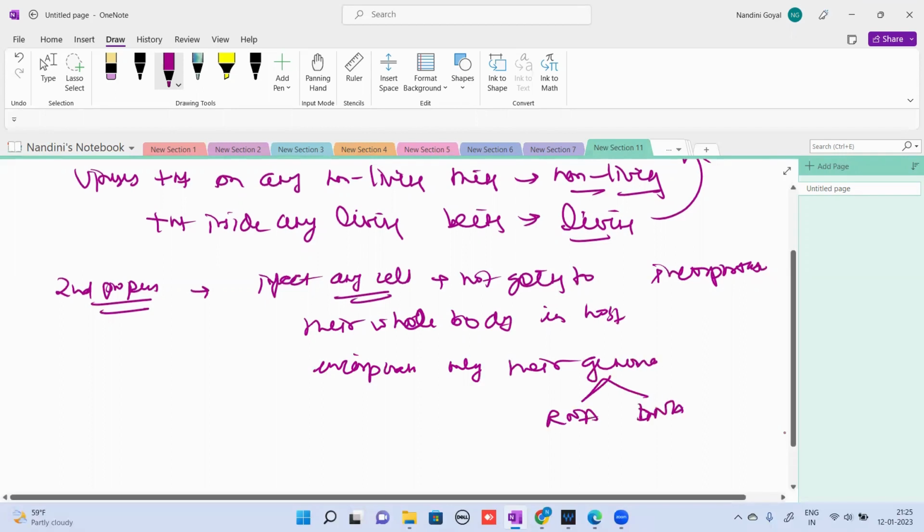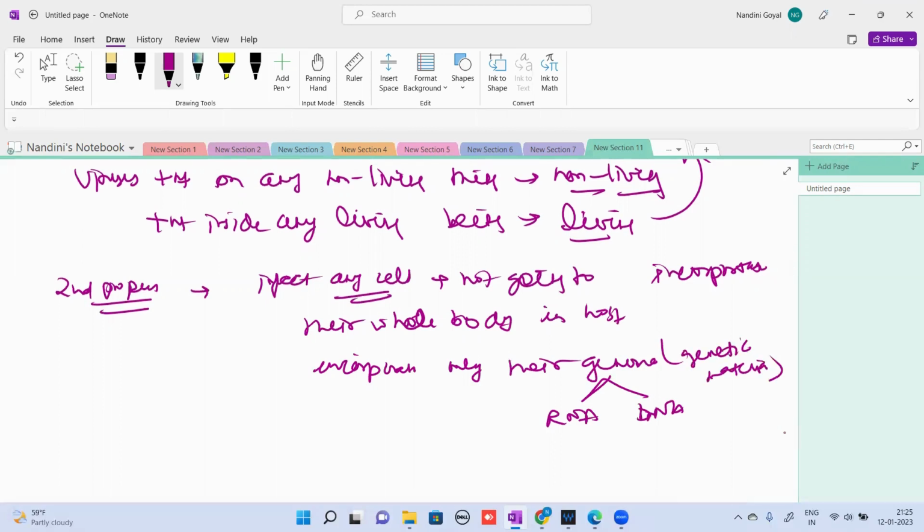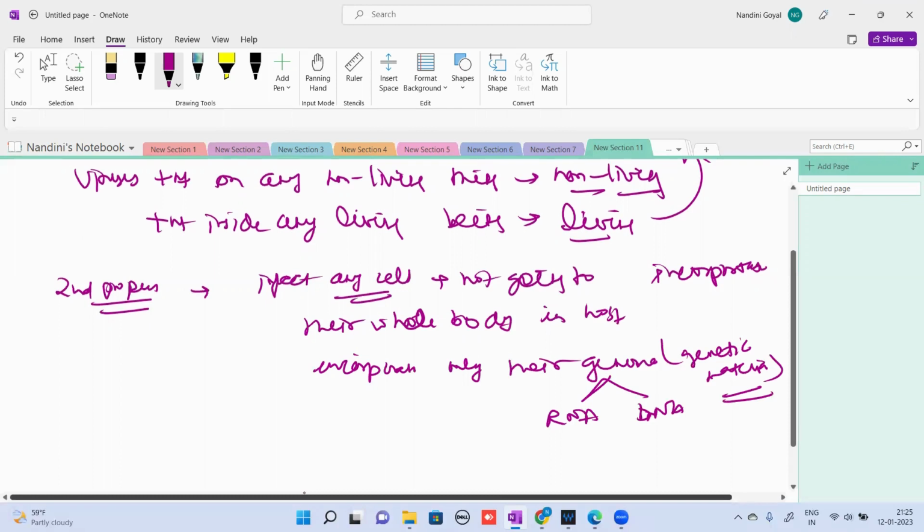What is the genome? It is the genetic material. The viruses are not going to insert their protein part. They have protein part, lipid part, and their genetic material. They are not going to insert anything except their genetic material, whether it is RNA or DNA.